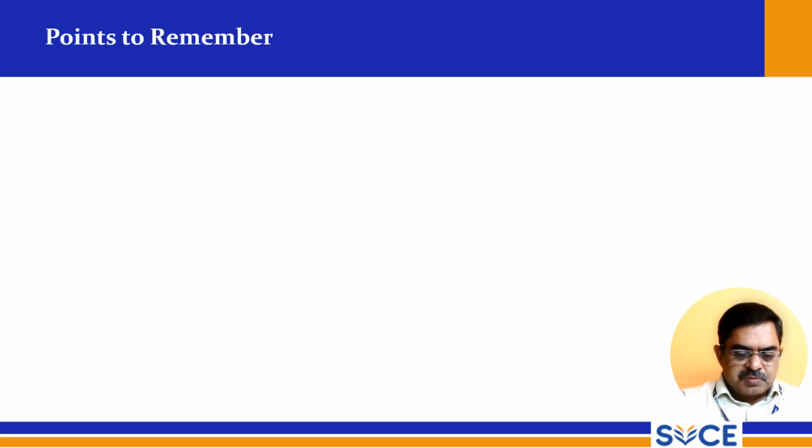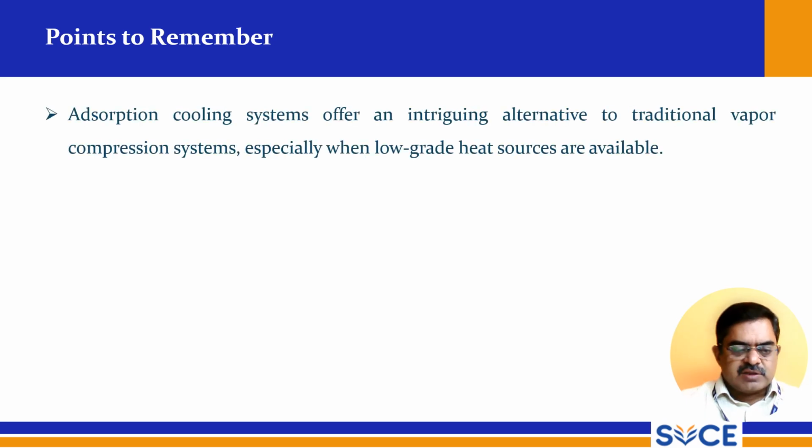The points to remember from this particular topic: the absorption cooling systems offer an intriguing alternative to traditional vapor compression systems, especially when low-grade heat sources are available, such as solar or waste heat. And when you have these sources, this can be employed very easily and effectively.